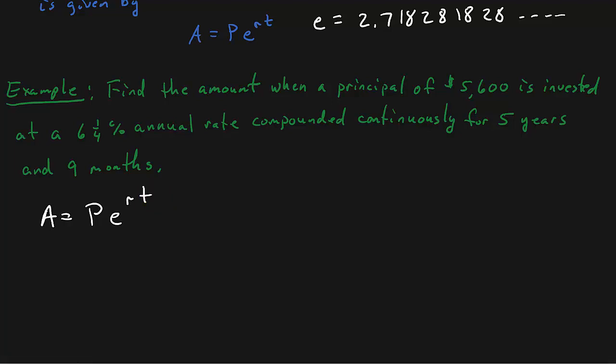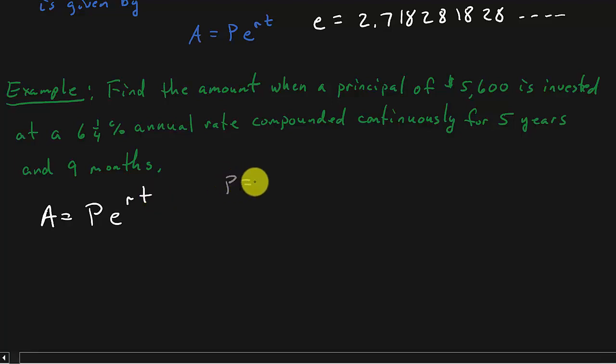And so we know that P is equal to 5,600. Then we need R. R is 6.25%. And then if we convert that to decimal, that's 0.0625. So there's R in decimal.